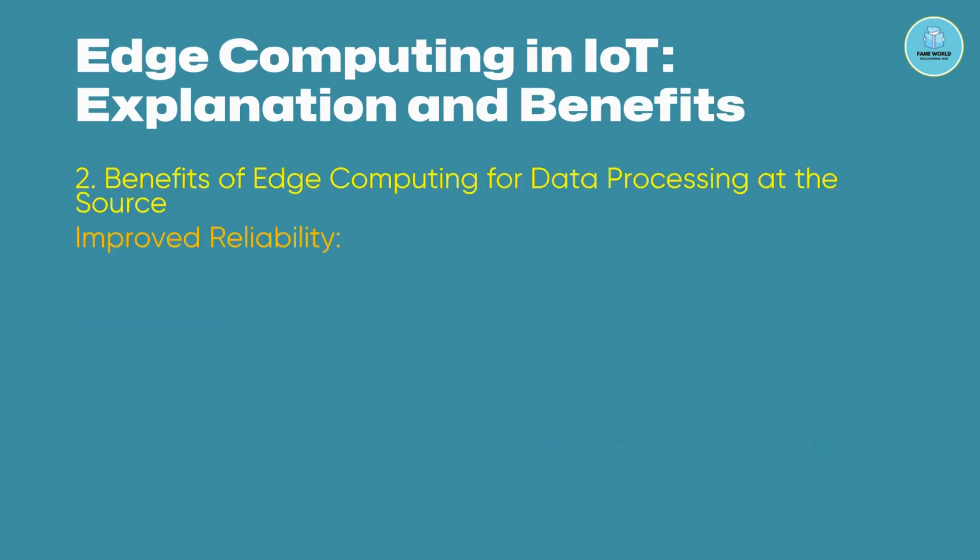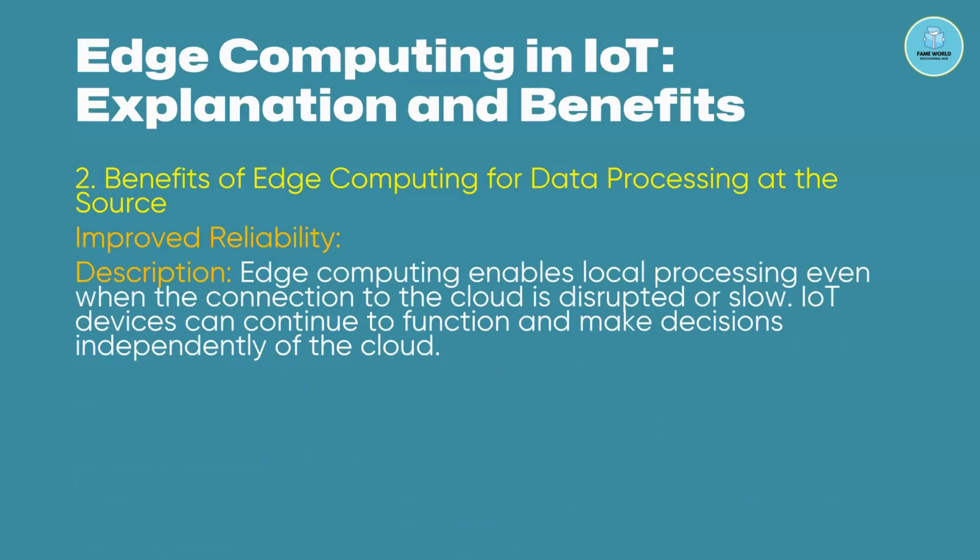Then, improved reliability. Edge computing enables local processing even when the connection to the cloud is disrupted or slow. Reliability means that when you need something, it is available; only then can you rely on it.